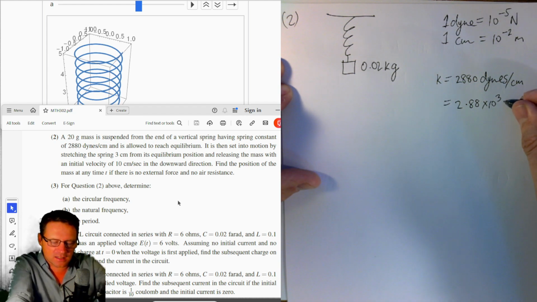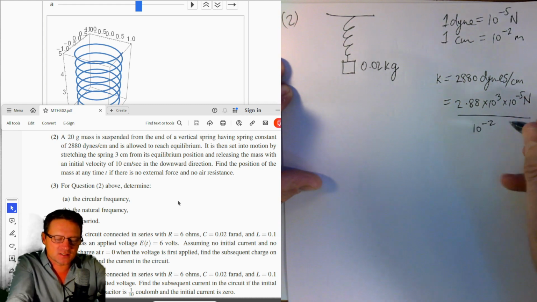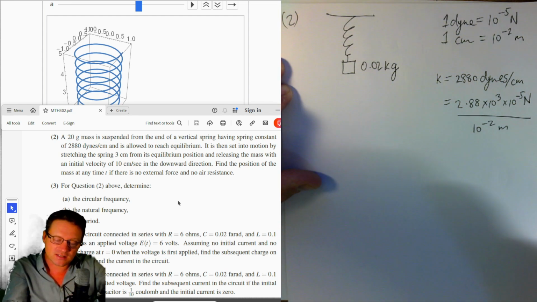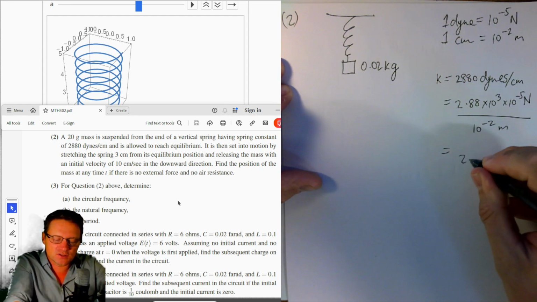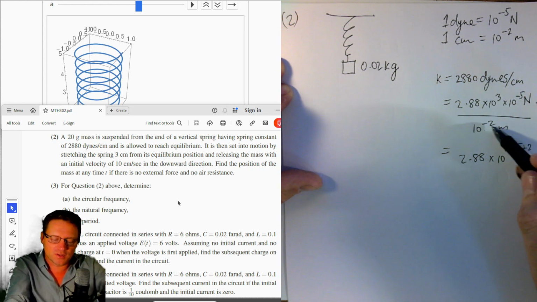But 1 dyne is 10 to the minus 5 newtons. And then 1 centimeter is 10 to the minus 2 meters. Okay, great. So now we can simplify this. So this is 2.88 times 10 to the power of 3 minus 5 plus 2, because we can bring this up to the numerator. And when we do that, we change the sign of the exponent.